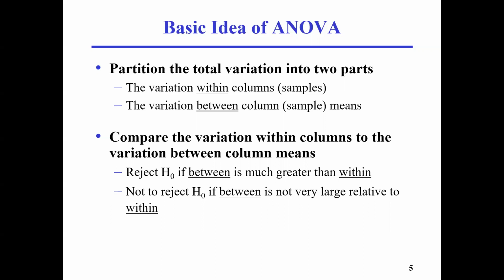If the between variation is not very large relative to within variation, then we fail to reject the null hypothesis. What is the null hypothesis? The null hypothesis is that the population means for these samples are equal to each other.